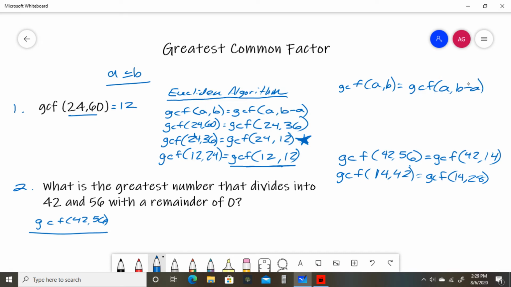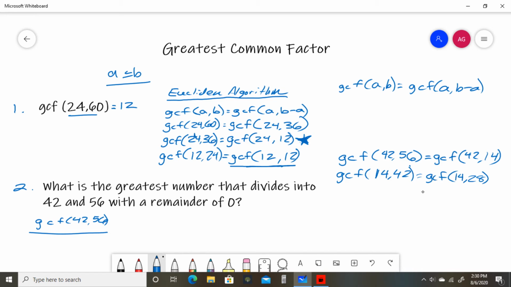Just make sure B minus A is positive, basically is what I'm trying to say. As long as B minus A is positive, you're good. So when I said it doesn't matter, that was kind of a lie. But yeah, just try to keep these numbers positive and you'll be good. Okay, so back to our problem.